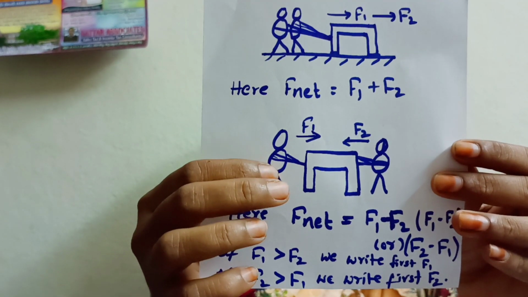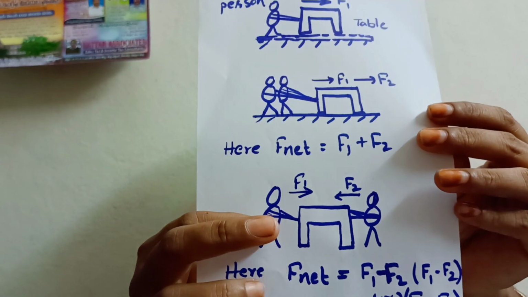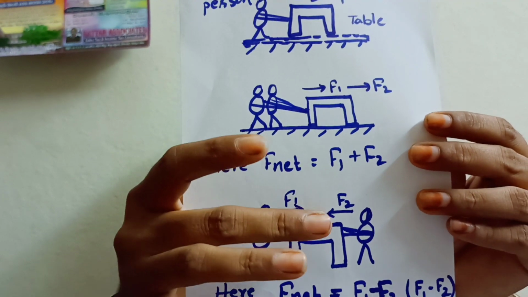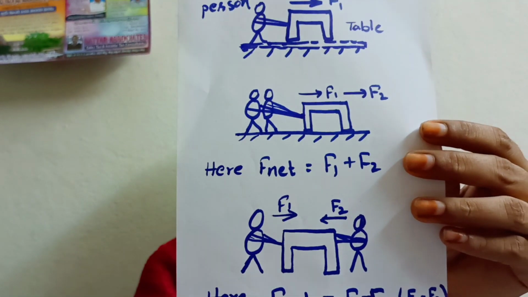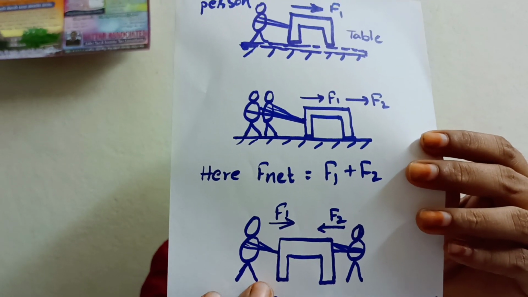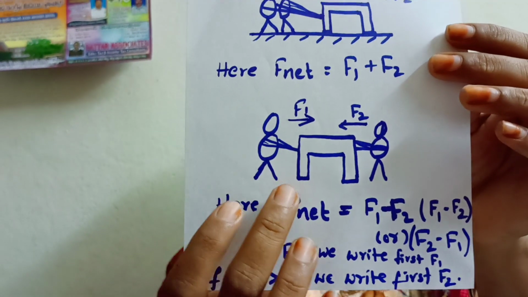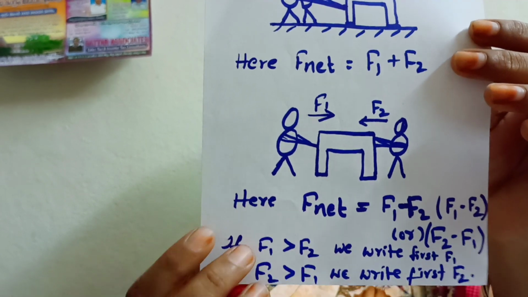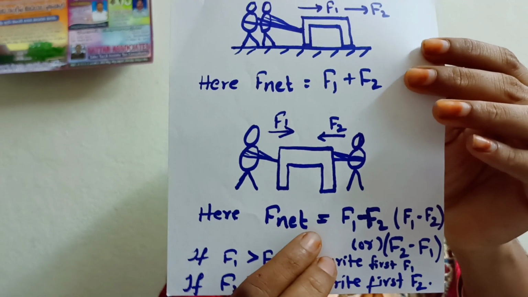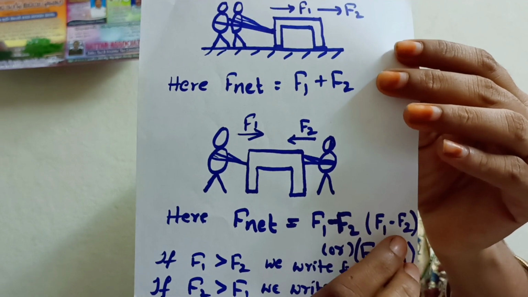The same forces F1 and F2 are applied. There are two forces acting, but the difference is the forces are opposite to each other. So here the resultant force F net is equal to F1 minus F2 or F2 minus F1.